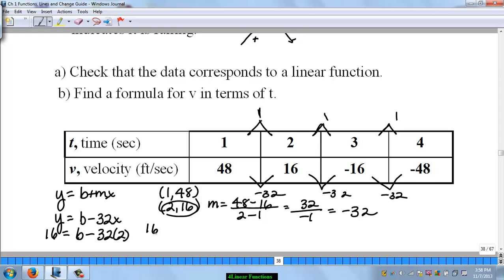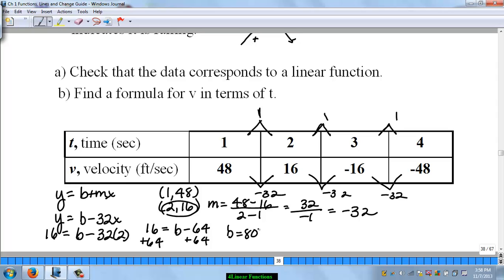So I have 16 equals b minus 64. So if I add 64 to both sides to figure out what b is going to come out to be, 80.